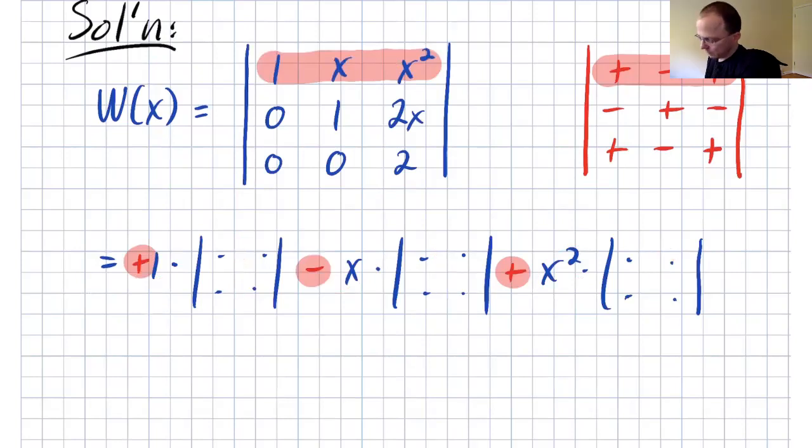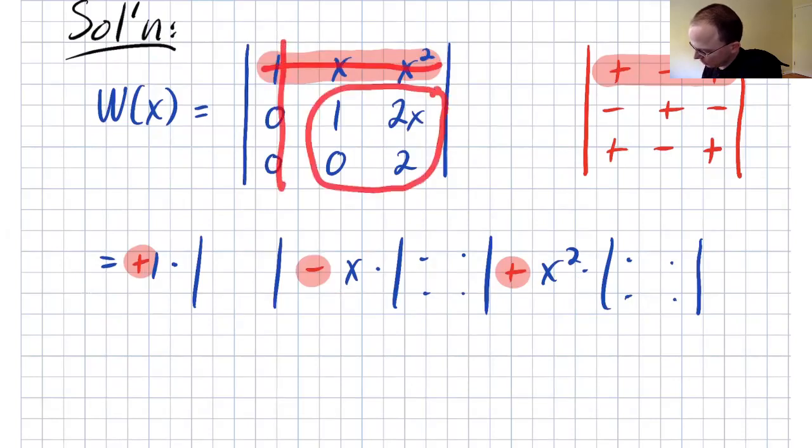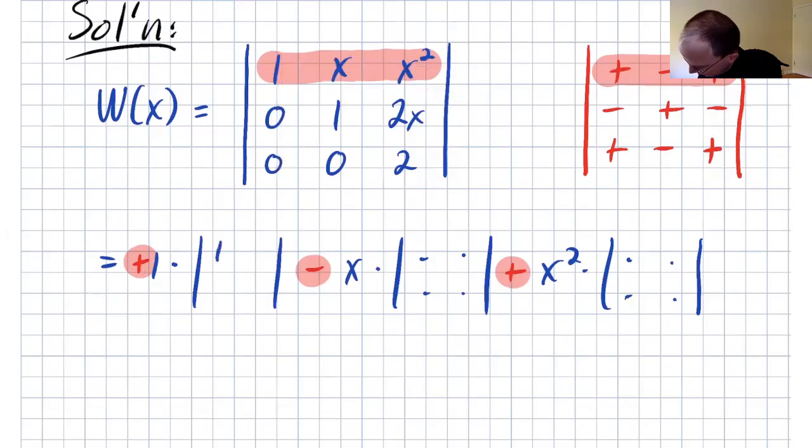So these 2 by 2 matrices are obtained as follows. What we'll do is look at this 1, and we're going to scratch out the first row and column. So this is in the first row and column, so we'll scratch out this row and this column, and that leaves us with this 2 by 2 matrix right there, and that is what goes in here. So this is 1, 2x, 0, 2.